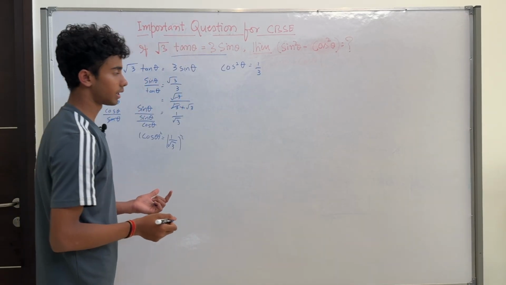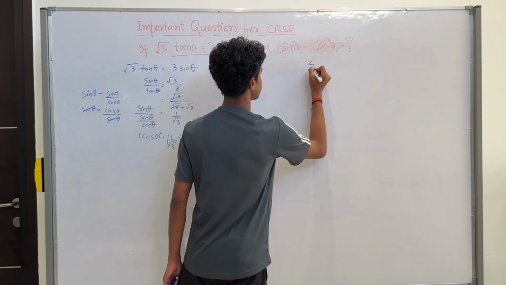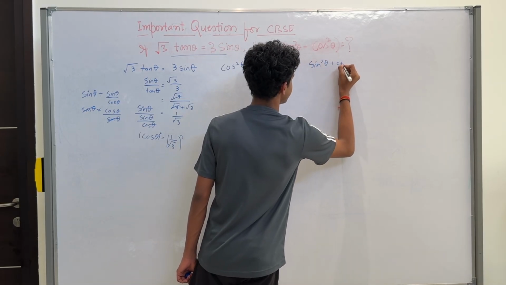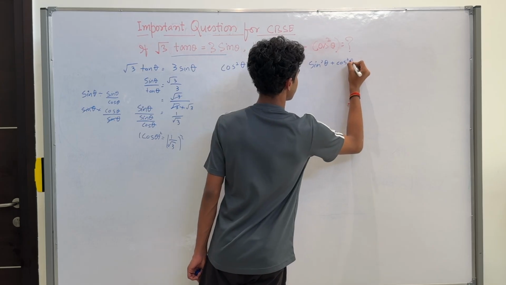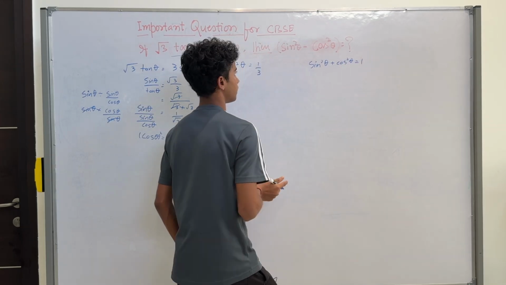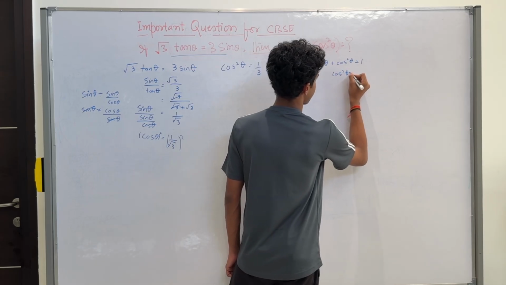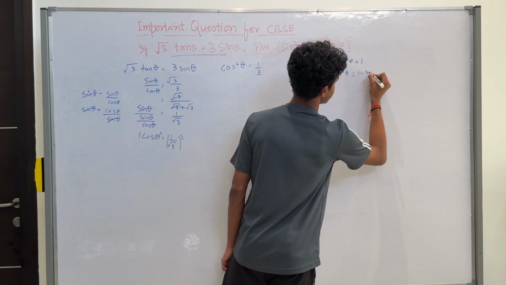We'll use a trigonometric identity over here. The most basic one is sin square theta plus cos square theta equals 1. Where cos square theta, we can write it as 1 minus sin square theta.